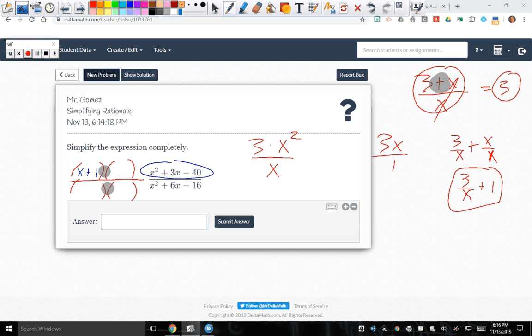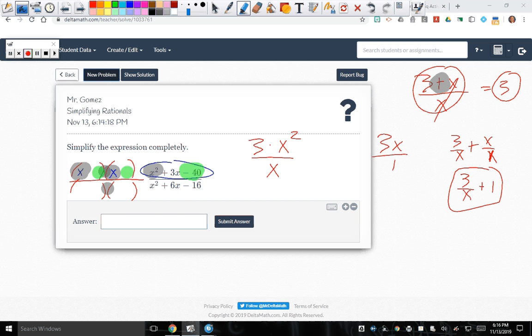So we know that the first 2 will multiply. So let me highlight it real quick. The first 2 terms on the top will multiply to get x squared. So those are x and x. And then the last 2 terms will multiply to get negative 40.